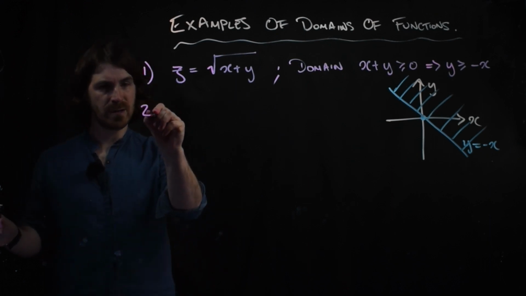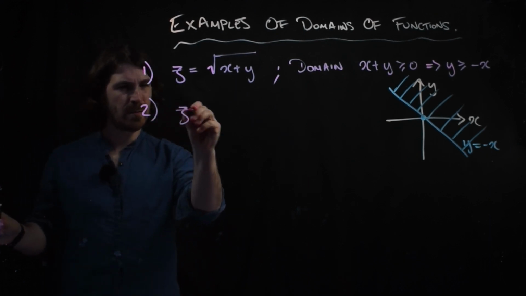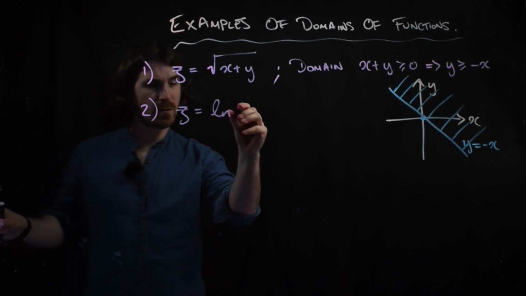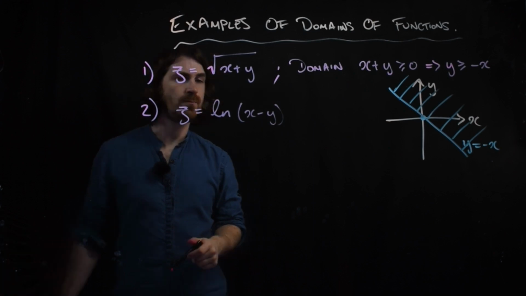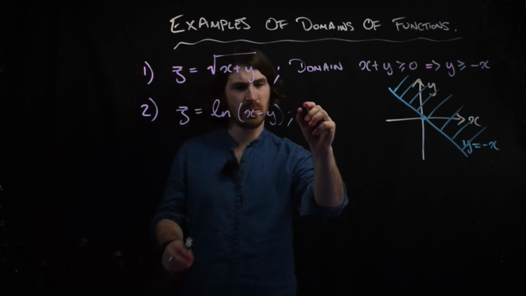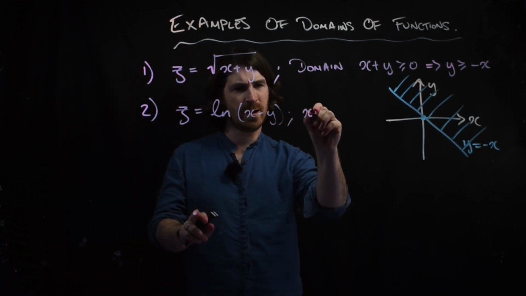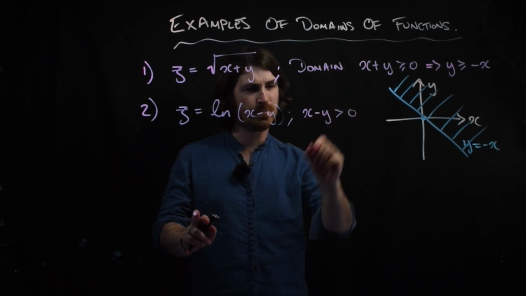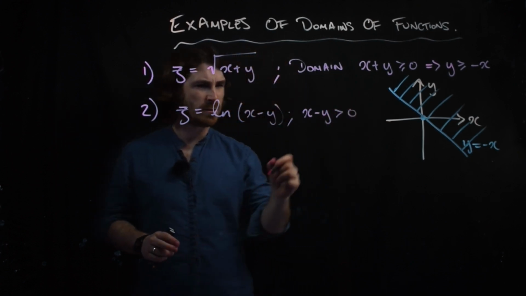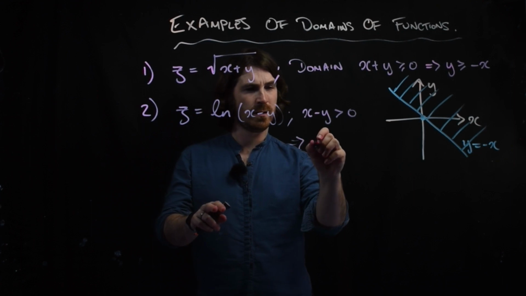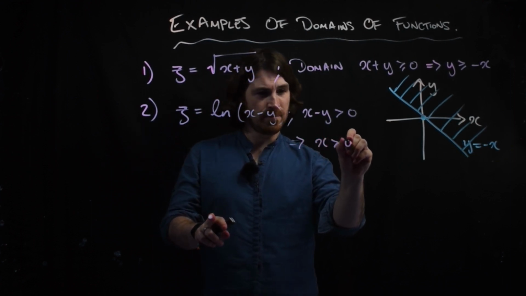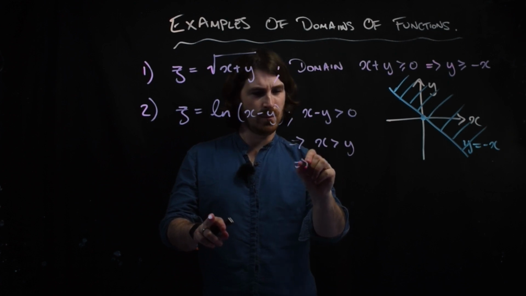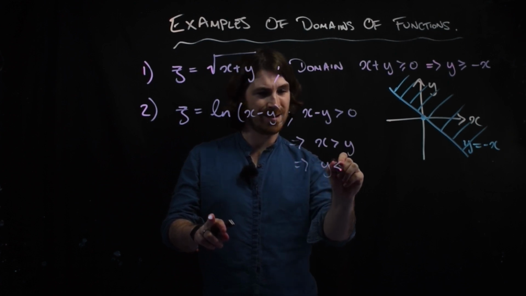Let's think about a second example. z equals log, natural log, of x minus y. Here we're saying that x minus y is greater than 0. What does that mean? That means that x is greater than y, or that y is less than x.